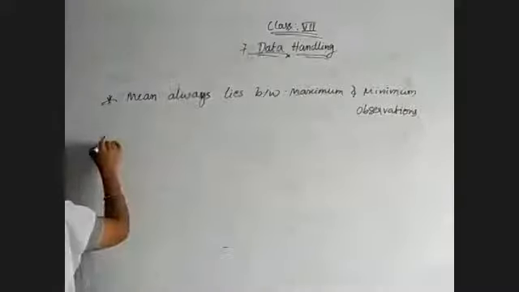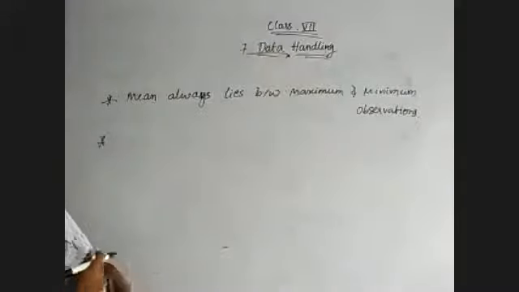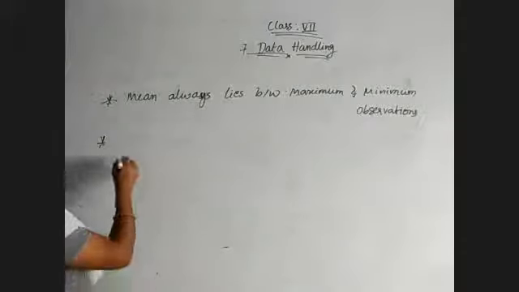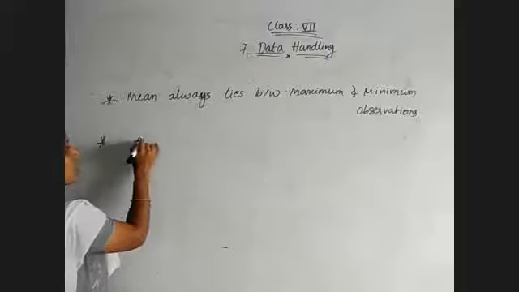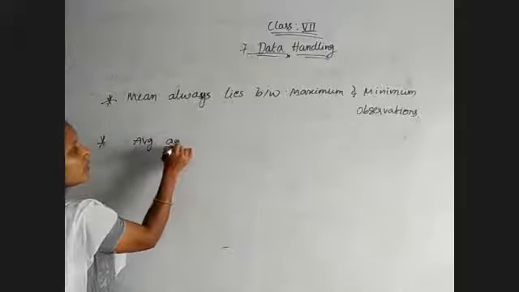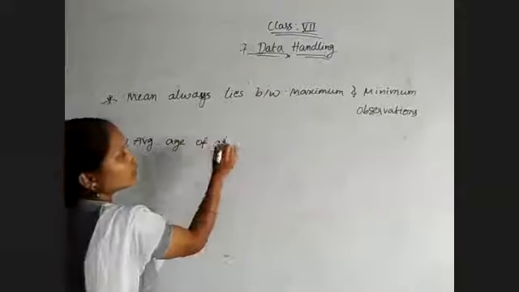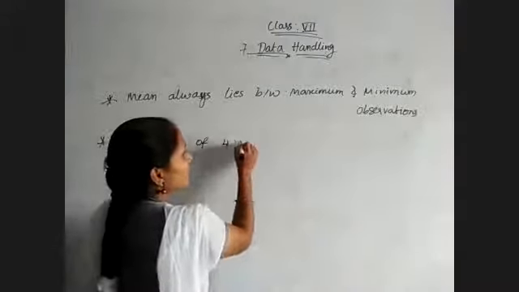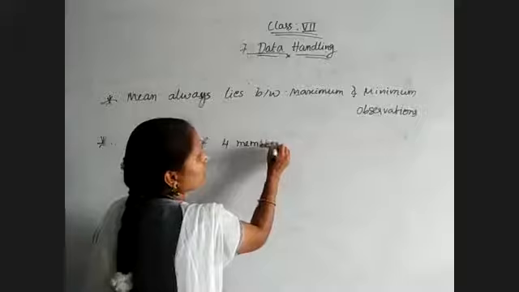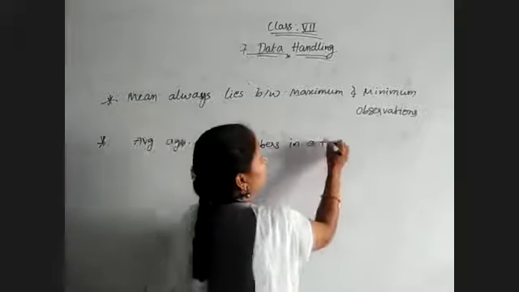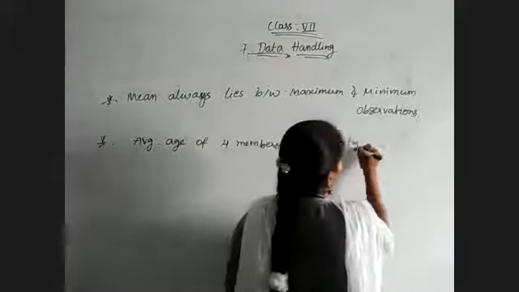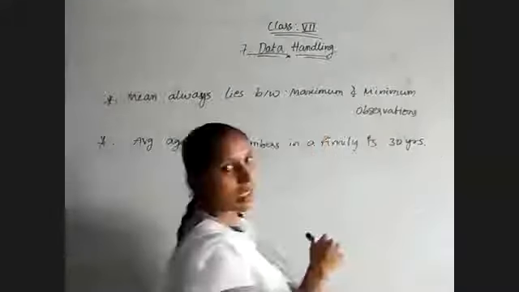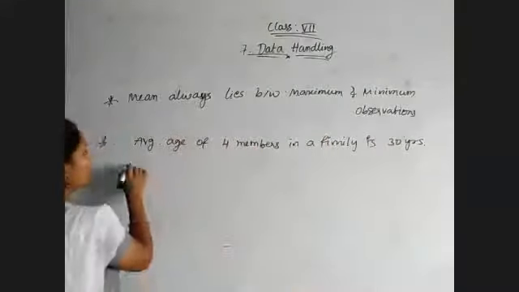Secondly, if you are changing the mean, meaning if each observation is increased by some value. For suppose the average age of four members in a family is 30 years.